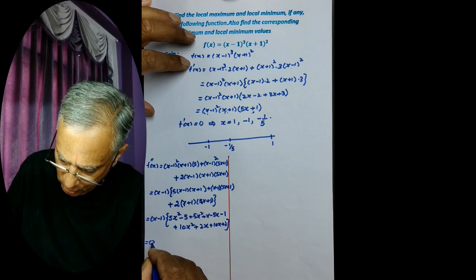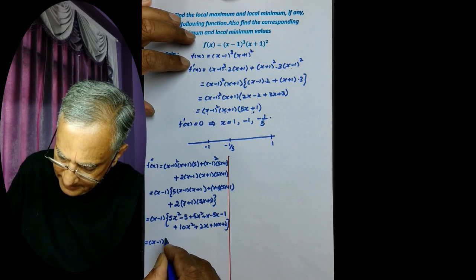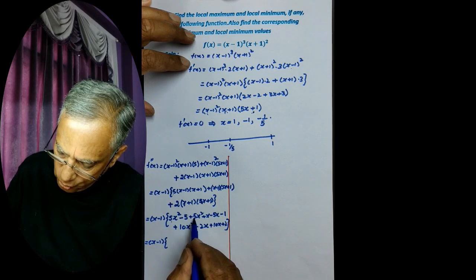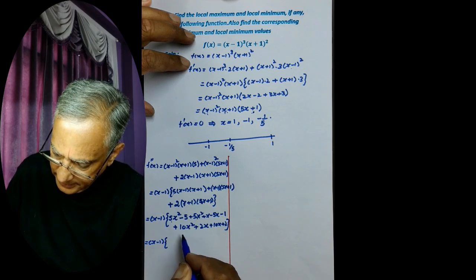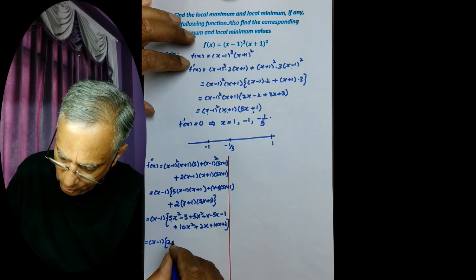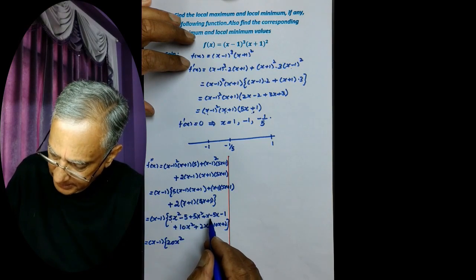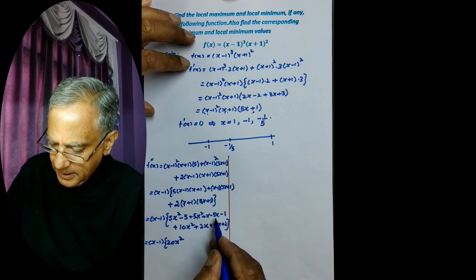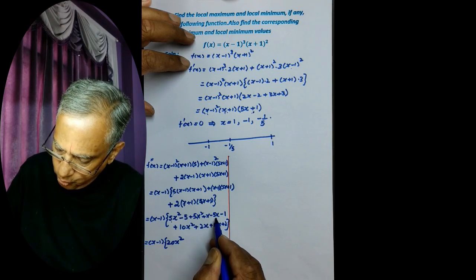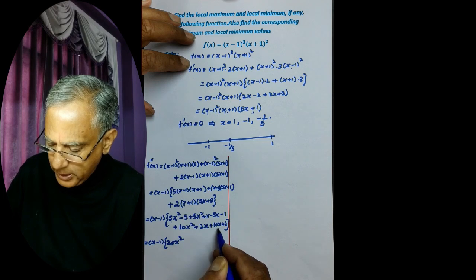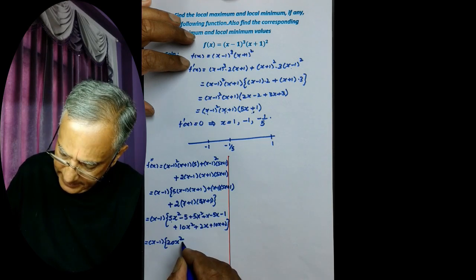This is equal to (x minus 1) into: this will be 5x square plus 5x square, 10x square plus 10x square, 20x square. Then collect the terms of x. x minus 5x is minus 4x. Minus 4x plus 2x is minus 2x. Minus 2x plus 10x is 8x.